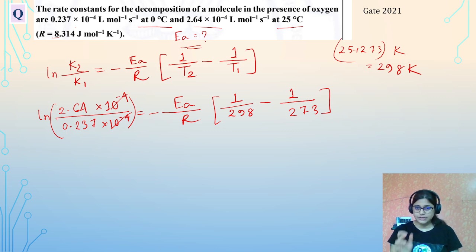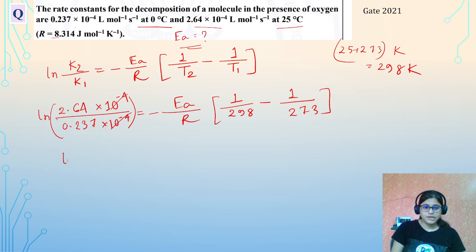Okay, in GATE the question is like this. So you get the calculator here. Sorry, 2.64 divided by 0.237.